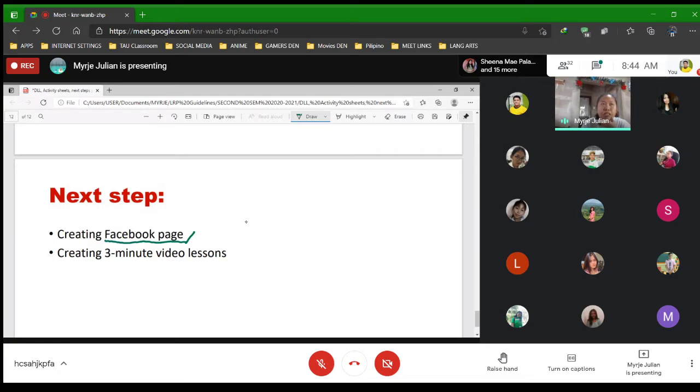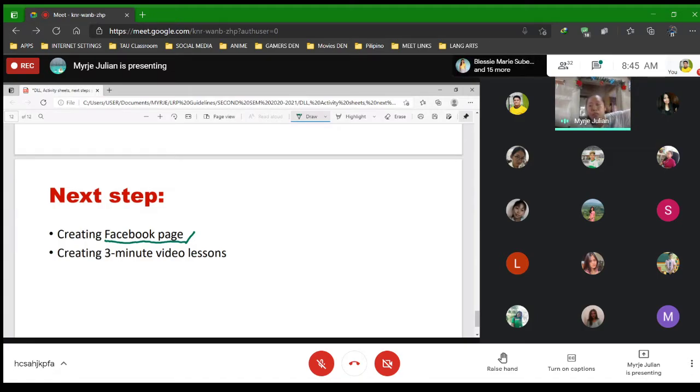So, yung mga revised DLL ninyo, i-request ko sana, kung okay lang, na i-share natin yon sa Facebook page natin, so that kapag kailangan nyo yung mga ganong klaseng files, you can just access it.